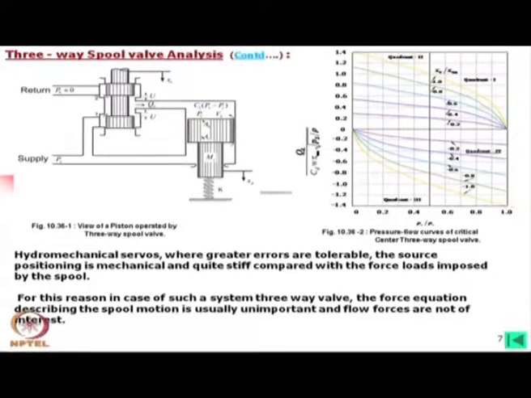Usually, what we have seen is that flow force has a significant role in controlling the spool in a servo mechanism. In that case, the argument is that we are tolerating the errors and the source positioning is mechanical, quite steep compared with the force loads. So, in that case we can go for a three-way valve where the flow forces are not that significant.